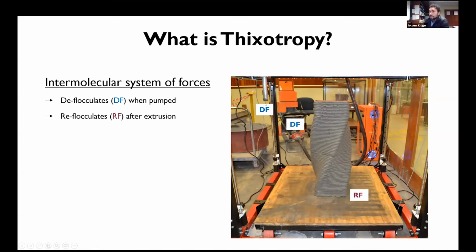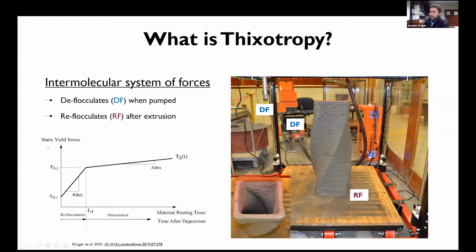It depends on whether it's shear flow or plug flow, but it gets very complicated, so let's just assume that it is completely deflocculated when it exits the nozzle. When you place the first layer, it reflocculates, and you get your static yield shear stress back, which allows you to get the buildability, to place all the layers on top of each other. That is essentially the thixotropic behavior for 3D concrete printing.